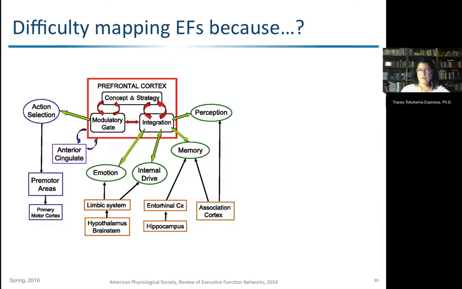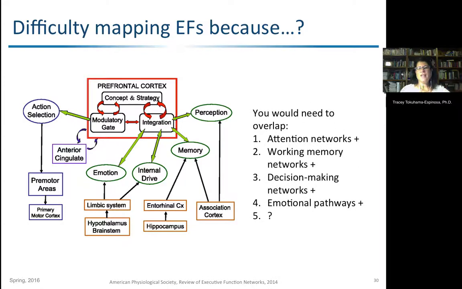So all of these points, the definition of executive functions as well as the sub-elements we just talked about and the premises we talked about, give us a clue as to why it's really difficult to map executive functions in the brain. This means that you have to map all the attention networks, as well as working memory networks, as well as decision-making networks, as well as emotional pathways. There's a lot of things involved in executive functions.